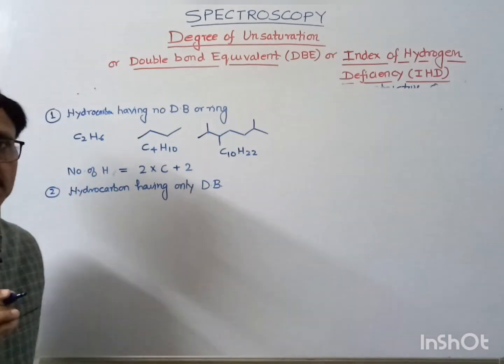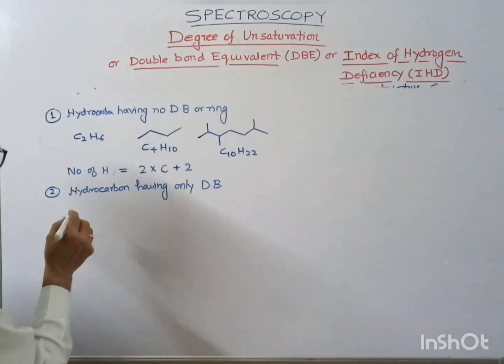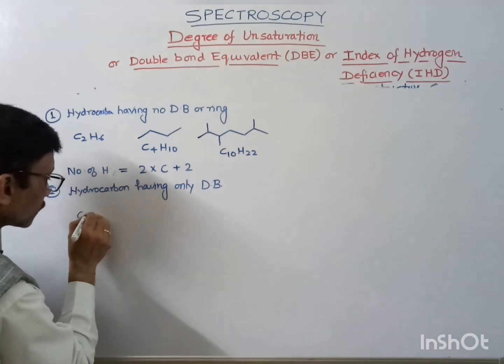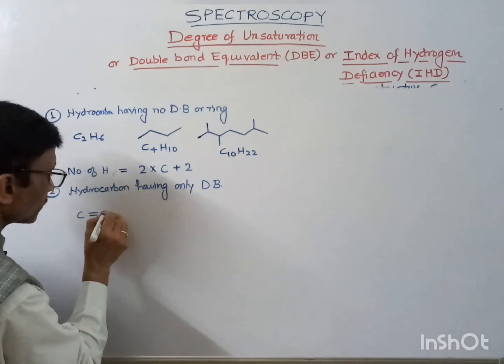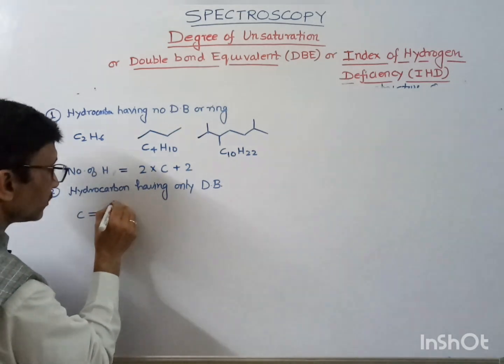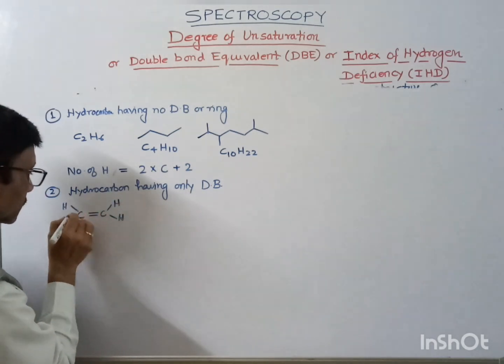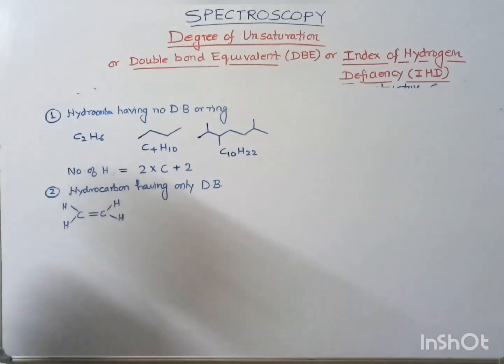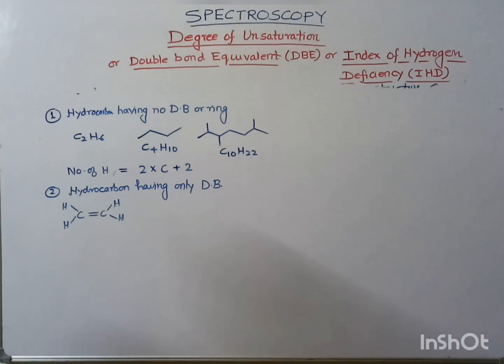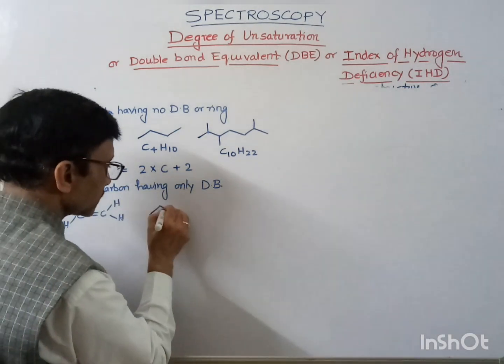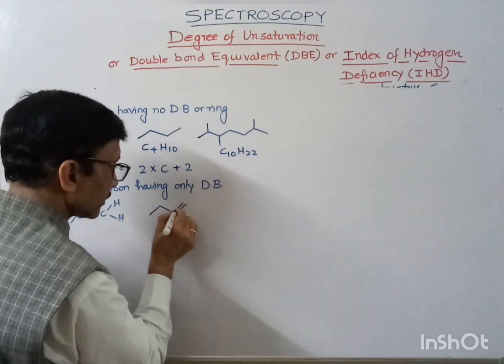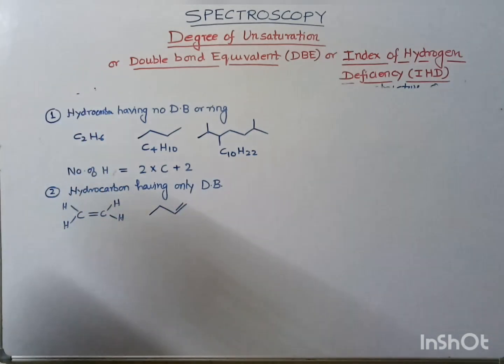Let us see this case. This is one of the hydrocarbons which is having only double bond. One double bond is present over here. This is the case when one double bond is present.